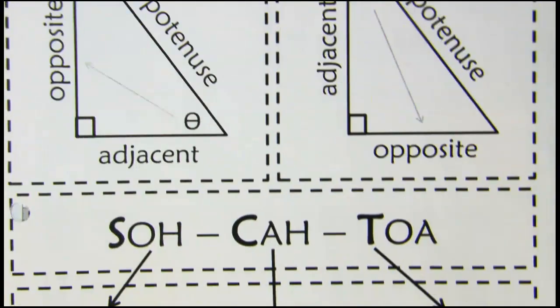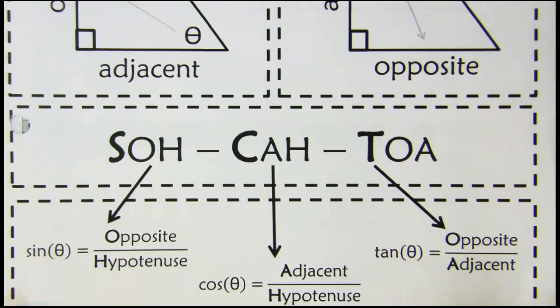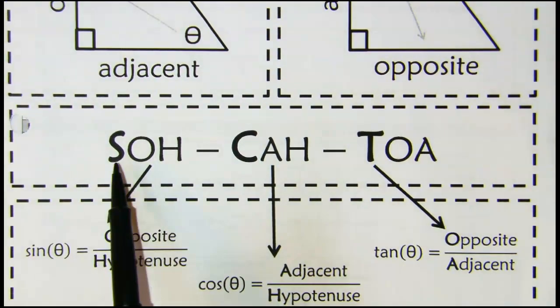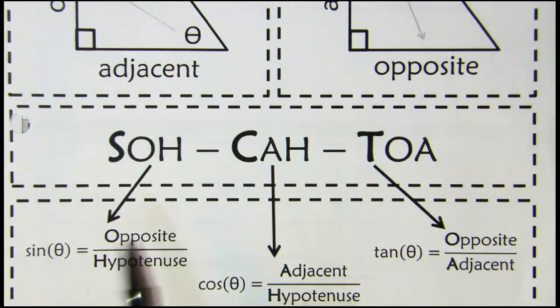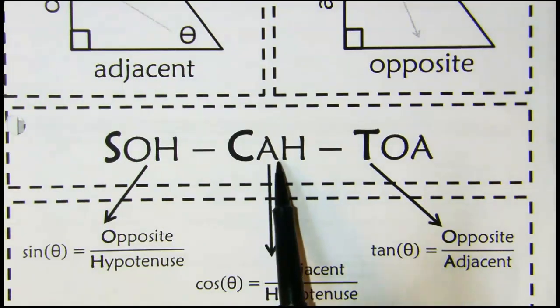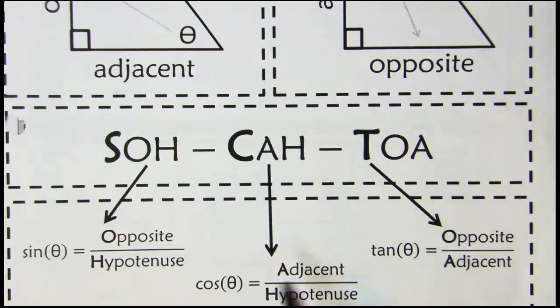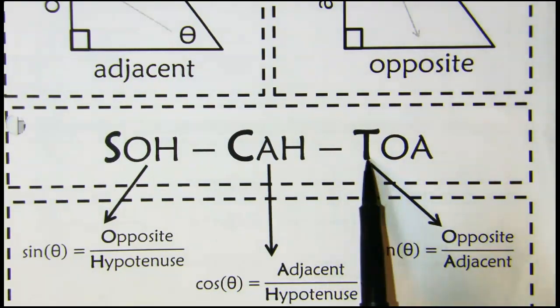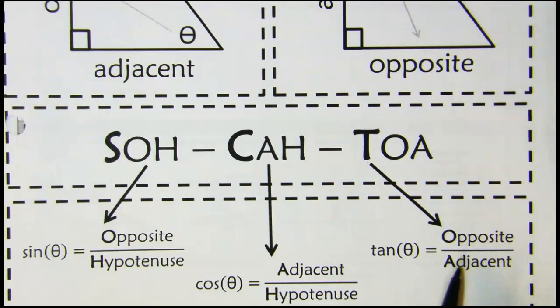So we have a little saying called SOH, CAH, TOA. SOH is the sine ratio, where you do opposite over hypotenuse. Cosine is CAH. Cosine theta is the adjacent leg over the hypotenuse. And then tangent is opposite over adjacent. So TOA, tangent, opposite over adjacent leg.